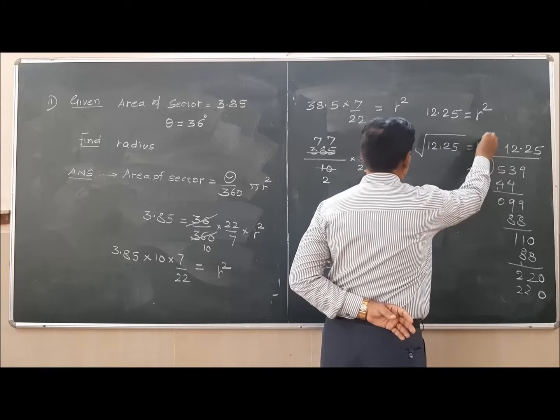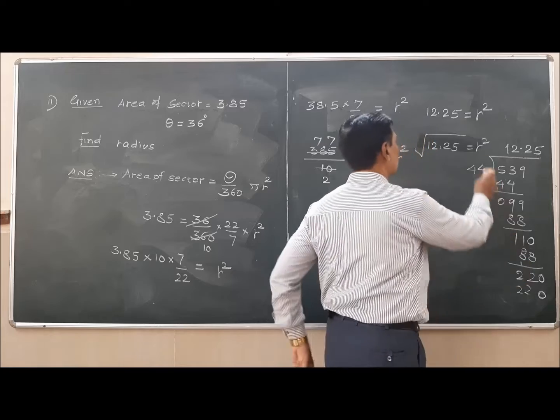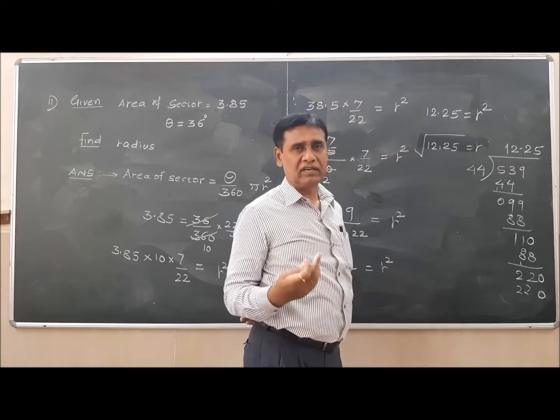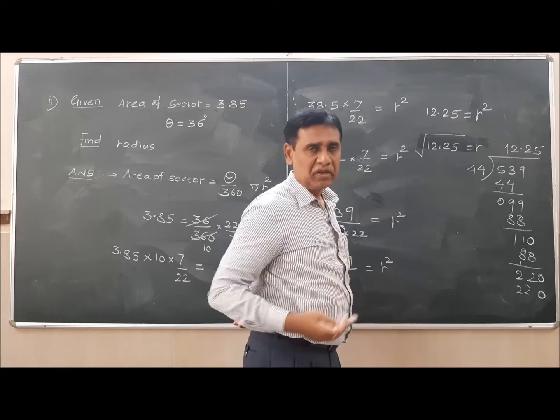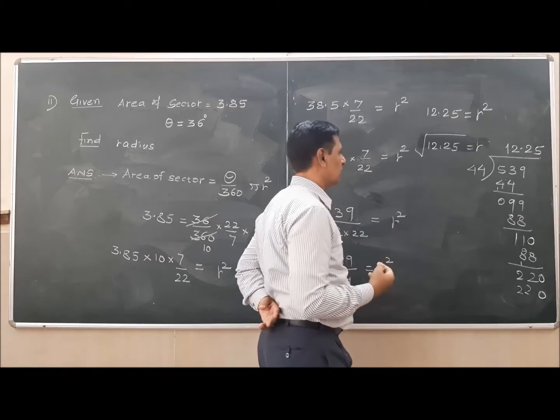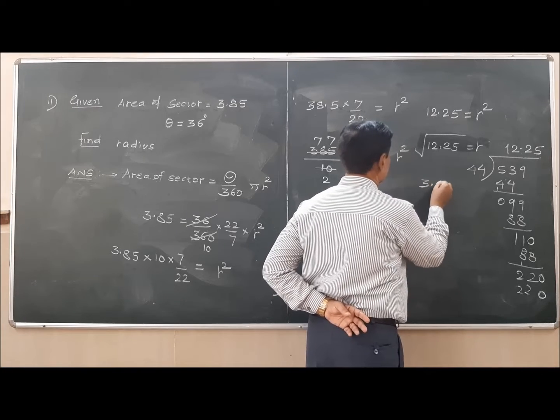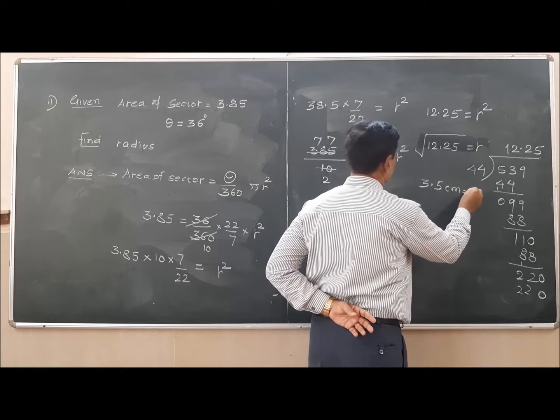Again, I would have to teach you how to calculate square roots, which is already taught to you in the previous classes, so I am not going to waste time here. I will find it as 3.5 centimeter.